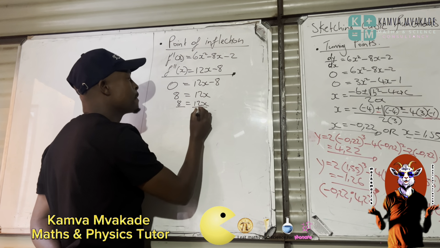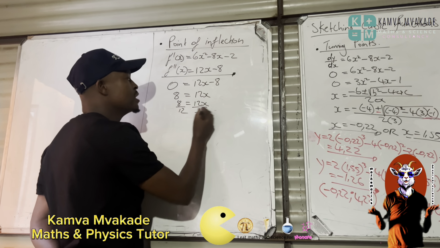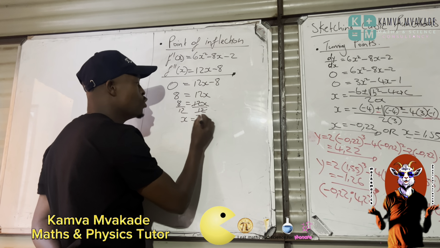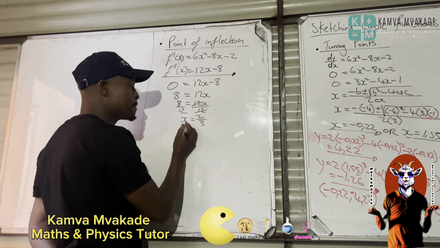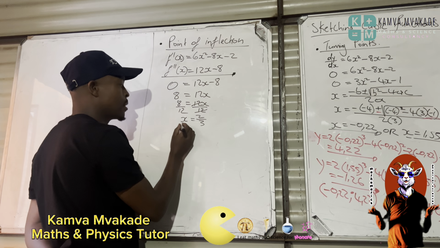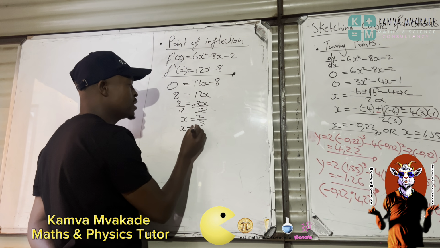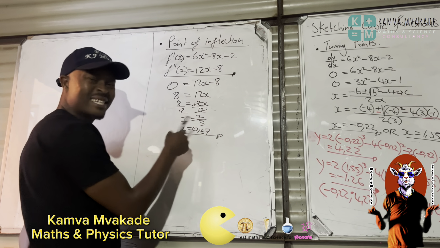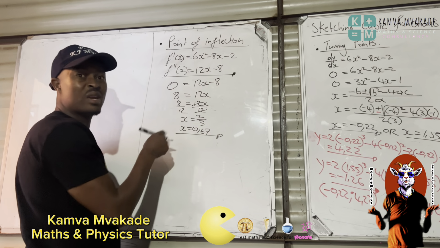Divide by 12, this cancels this. x is 2 over 3, so x is 0.67. This is the x value of the point of inflection.